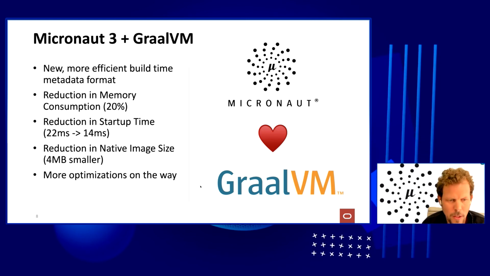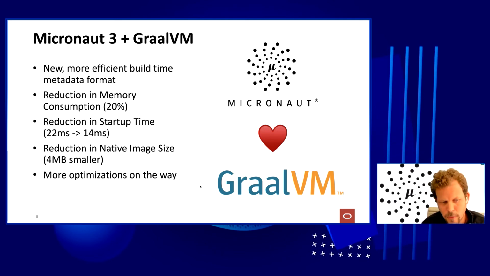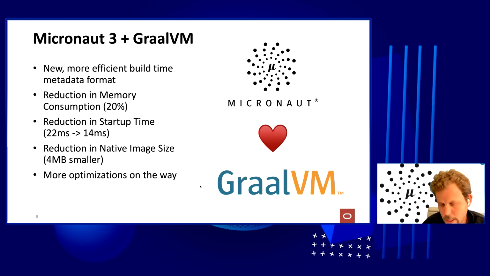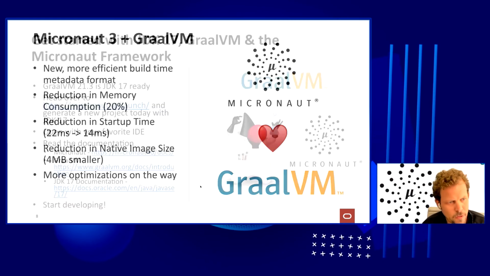And we're working on a lot more optimizations. We're actually working on a really exciting optimization that provides a 3x boost in startup time. And we're working on a number of different fronts to make Micronaut smaller and more efficient for native image, working closely with the GraalVM team on this. So native image is a strong focus, and building native applications is a strong focus of Micronaut.